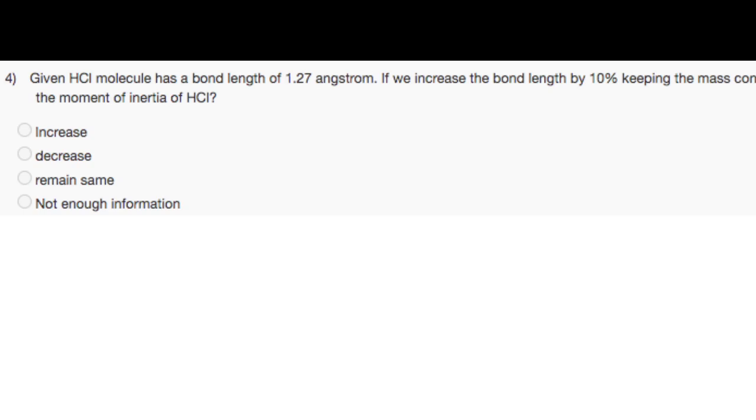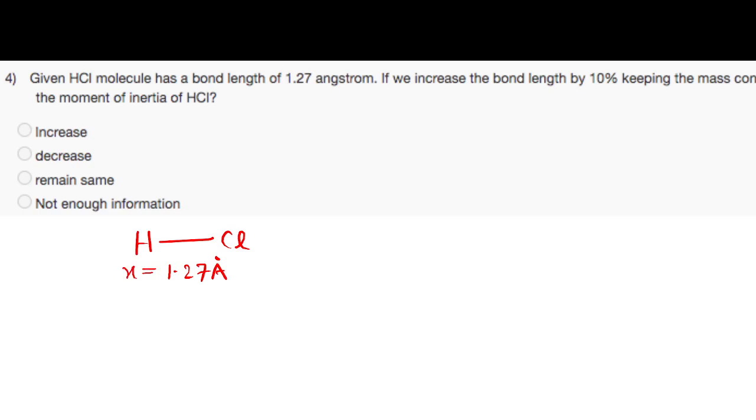So the next question is, given HCl molecule has bond length 1.27 angstrom. Okay, if we increase the bond length by 10%, let's say x equal to this.